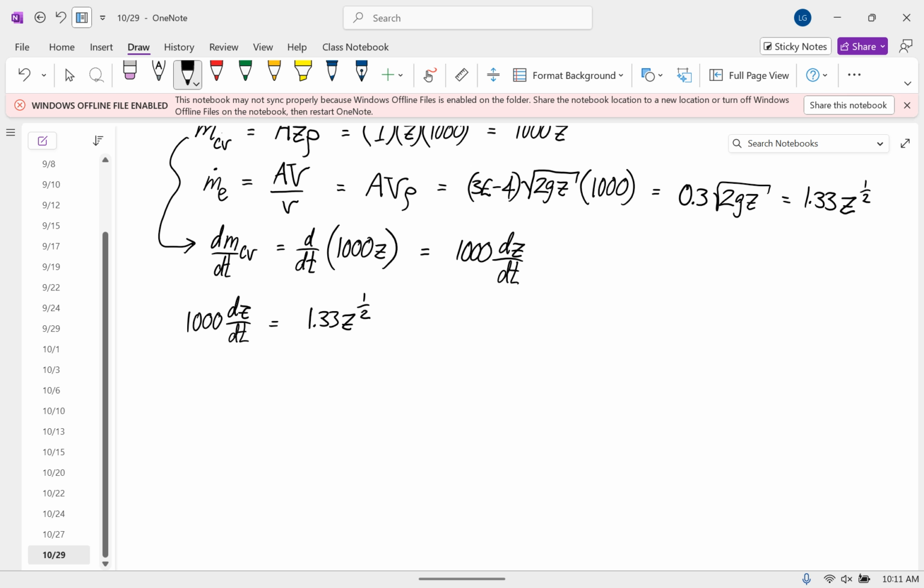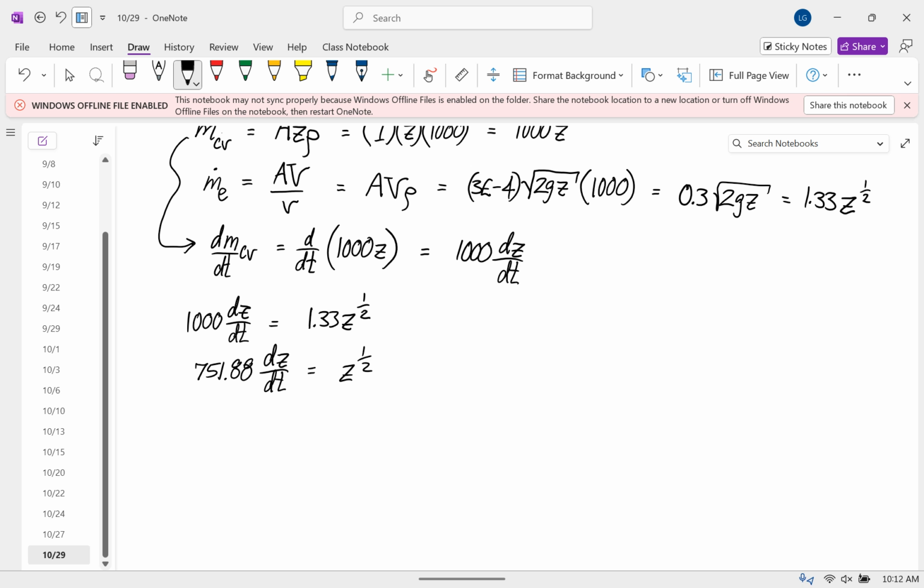So I'm going to do this as well. First, I'll just get a single constant. So we have 751.88 dz/dt is equal to z to the 1/2.